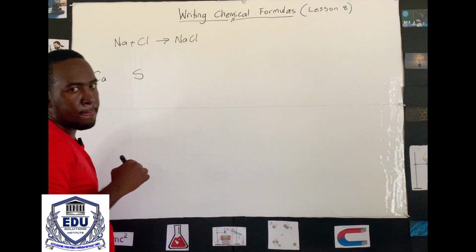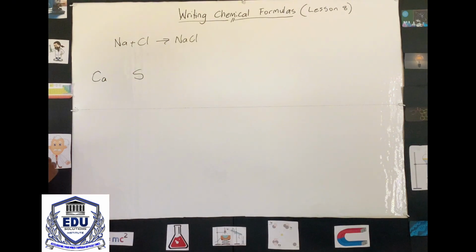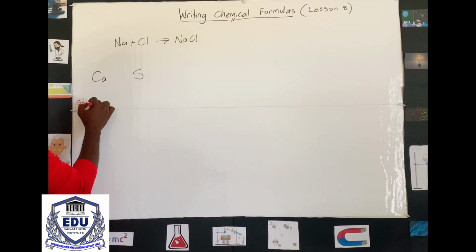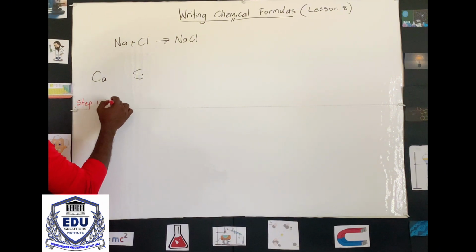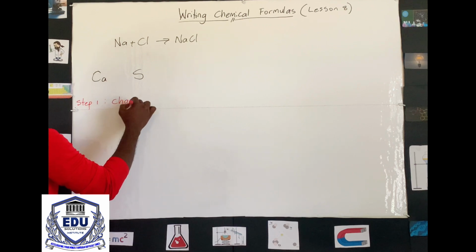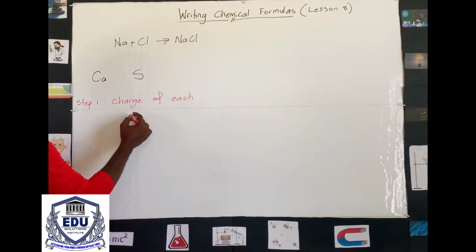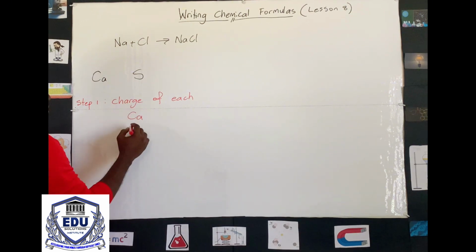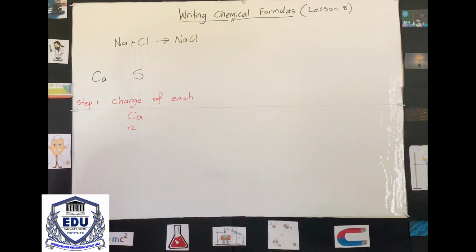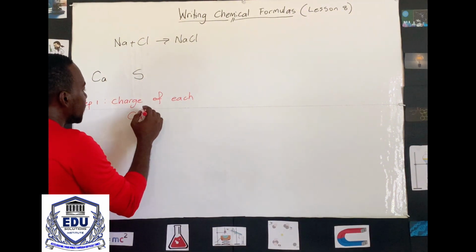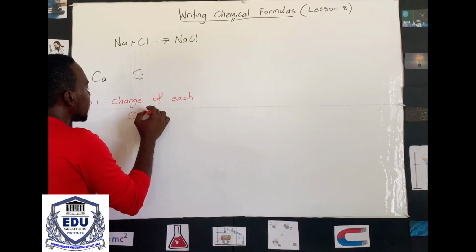Now, let's say we combine calcium with sulfur, right? To write the formula, we're going to follow some steps. The first step is to know the charge of each. Calcium will give away 2. Why do we know it will give away 2? Because it's in group 2. So therefore, we normally write calcium 2 plus.